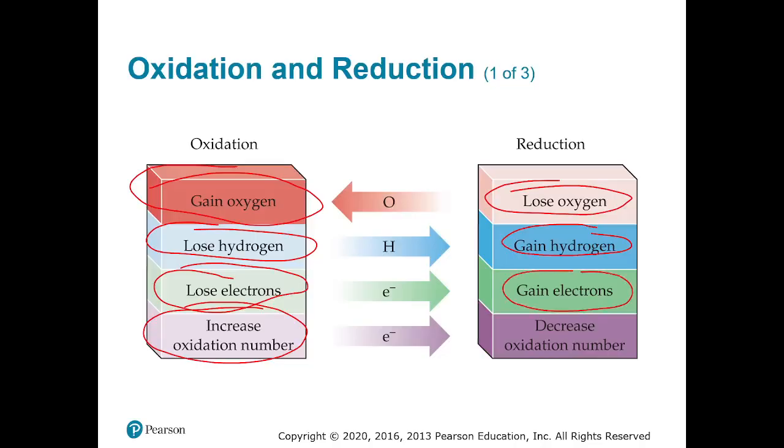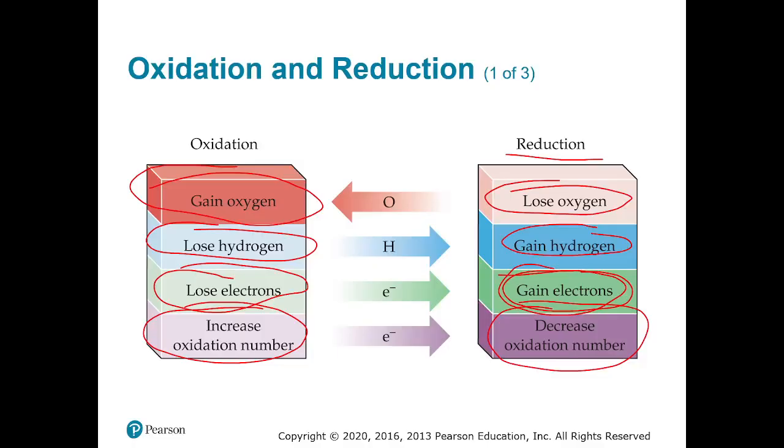This is the easy way I actually find to remember this process: when we have a reduction happen, we gain a negative thing, which is electrons. And so reduction is gaining electrons, negative things, literally reducing the number. Or we decrease the oxidation number.